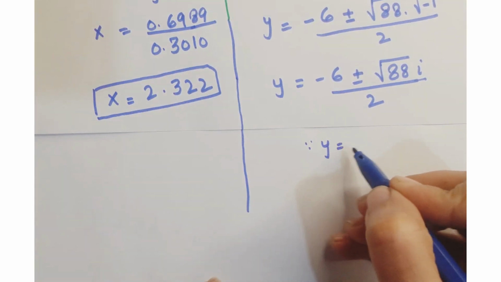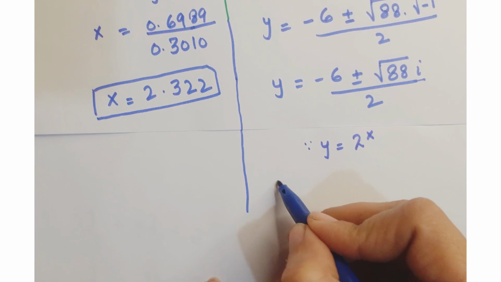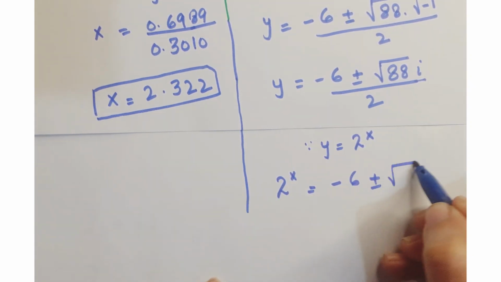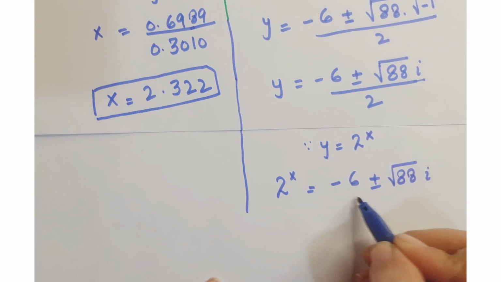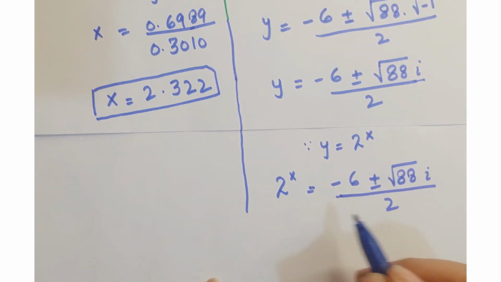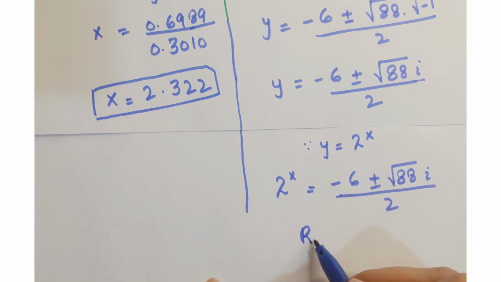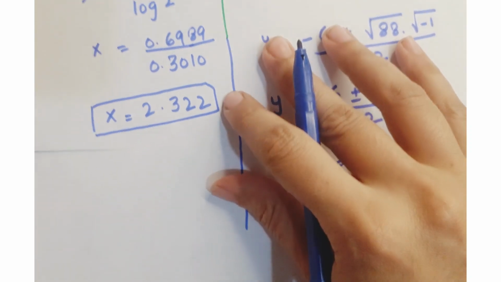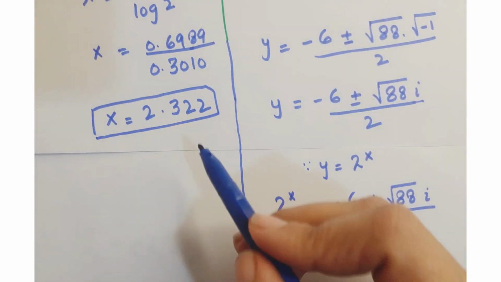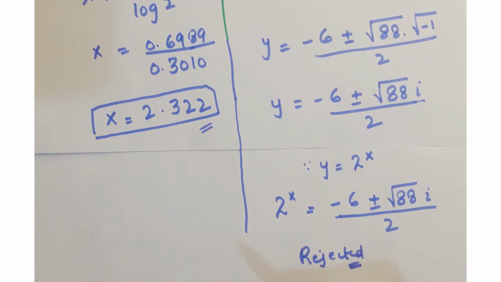Since y is equal to 2 to the power x, so 2 to the power x is equal to minus 6 plus minus under root 88i upon 2. Here x can be evaluated by taking log, but the log of complex numbers is not possible, so we reject this solution of x. So the solution of x for this question is x is equal to 2.322, and this is our required answer.